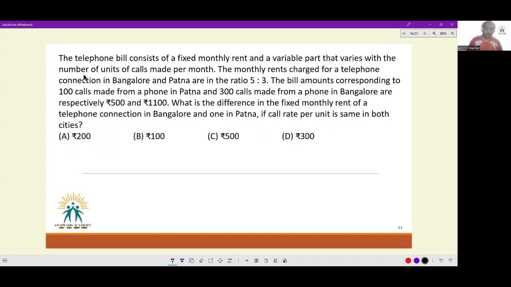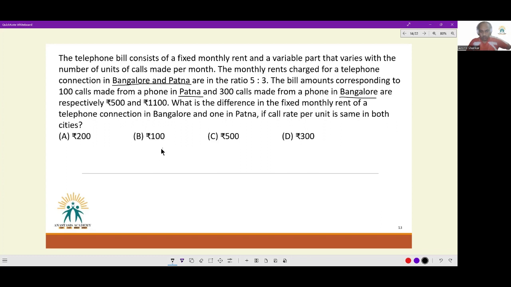Hopefully by now you have seen one wonderful thing has been tried to pull off in this question. The fixed cost is Bangalore and Patna, but when the bill amounts are mentioned, first Patna amount is mentioned, then Bangalore amount. If you flip it, then it will be difficult to access. What is the difference in the fixed monthly rent of a telephone connection in Bangalore and the one in Patna if call rate per unit is same in both cities?